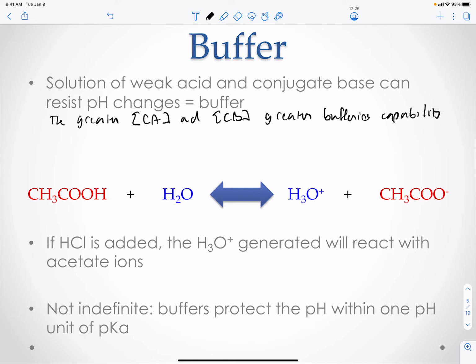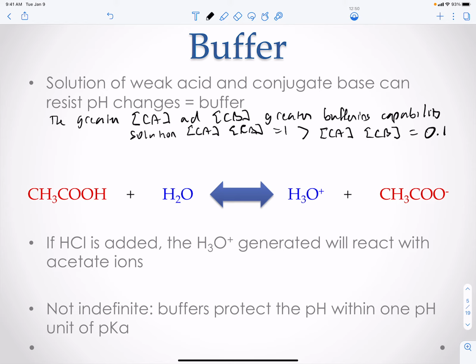So for example, if a solution of your conjugate acid and conjugate base is equal to 1, that will have a greater buffering capability than the same conjugate acid and conjugate base equal to 0.1. You just have more of the species present to perform buffering.